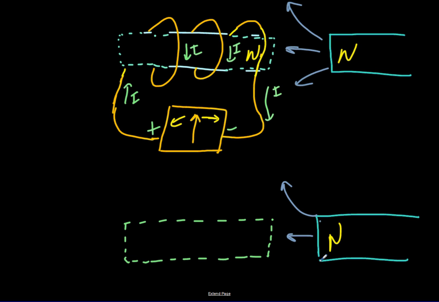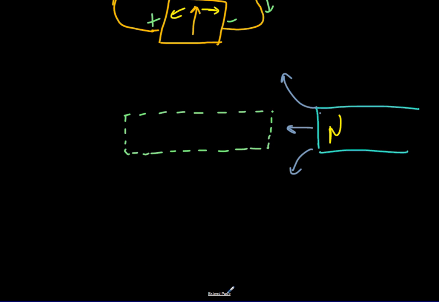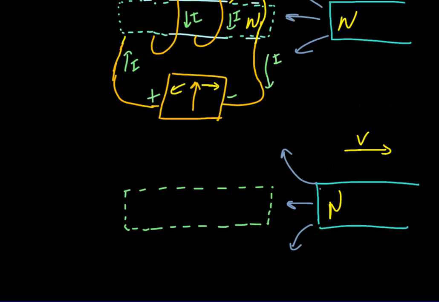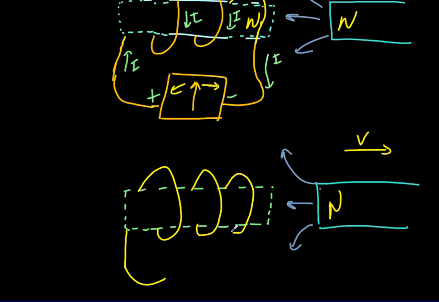Let's just finish drawing all this stuff because it just takes a second. And we'll say that the velocity is now this way. And just redraw this correctly if we can. Oops, I accidentally put an extra coil. Please ignore the extra coil.